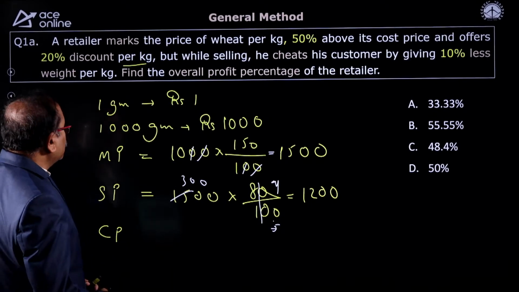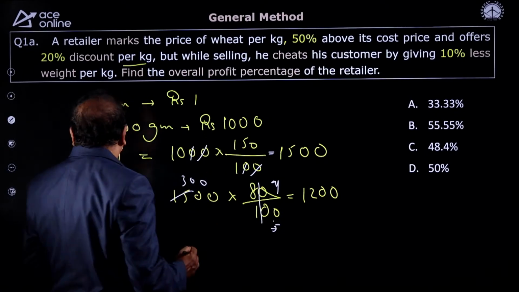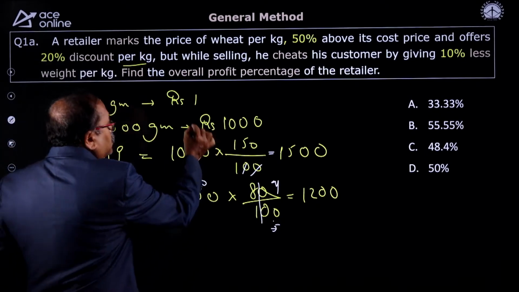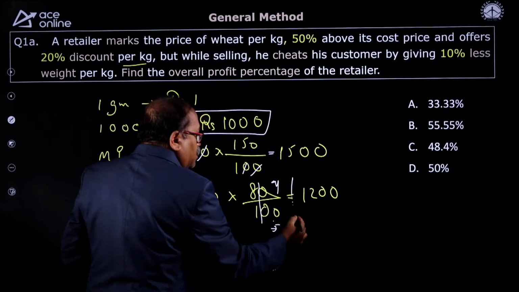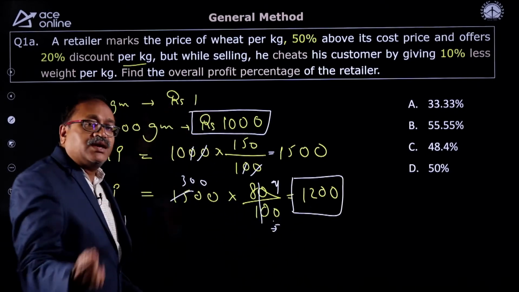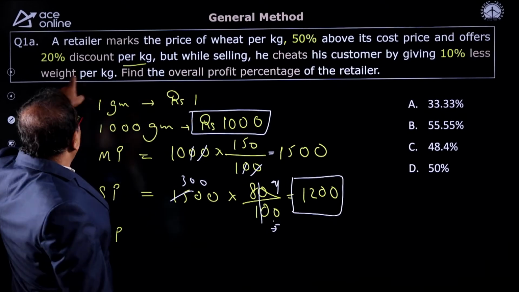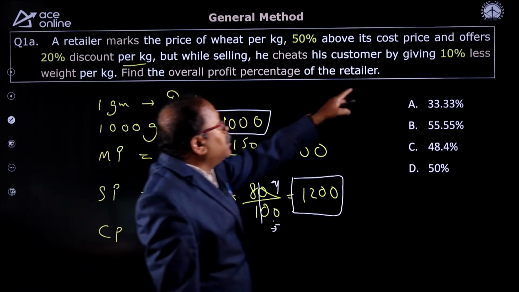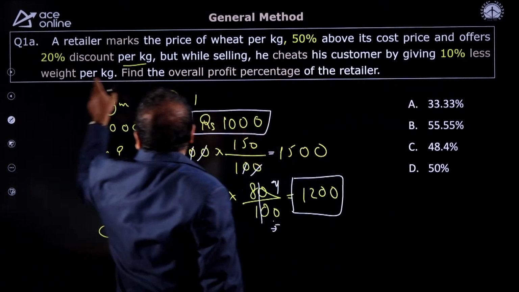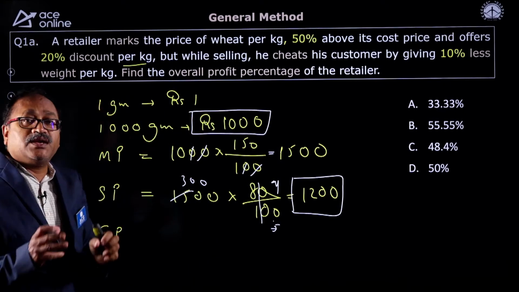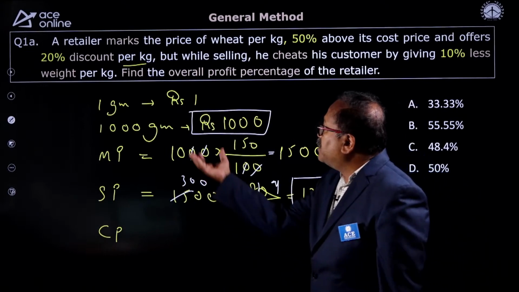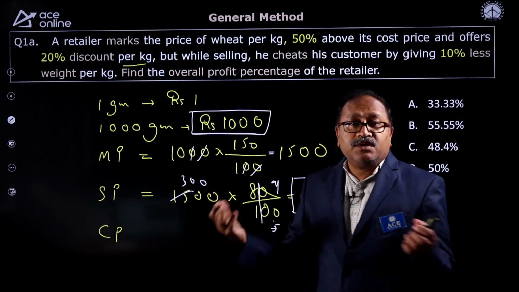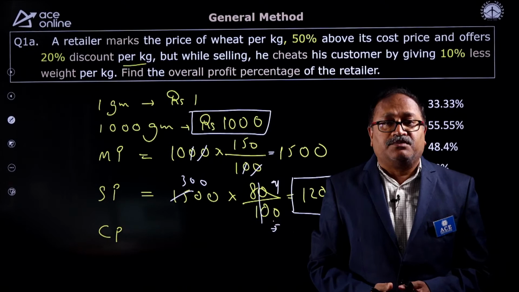So what is the cost price? The cost price is already known to us, rupees 1000, and the selling price is 1200. But what is the actual cost price? The cheating is there. He gives 10% less weight for every kg. So what is his actual cost price? Do you think the actual cost price will be 1000? No, he is not giving the 1000 grams.